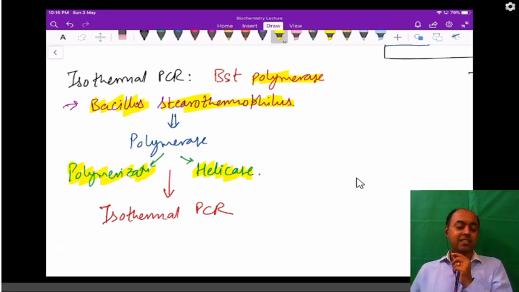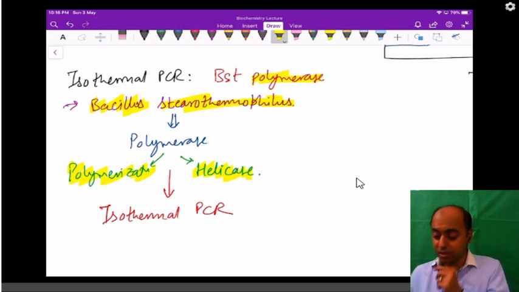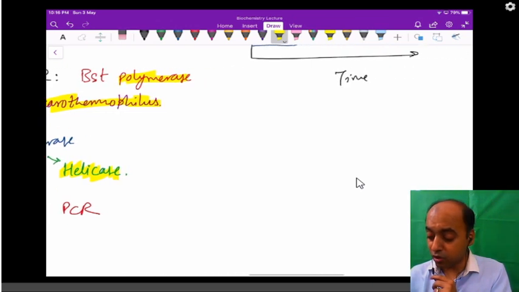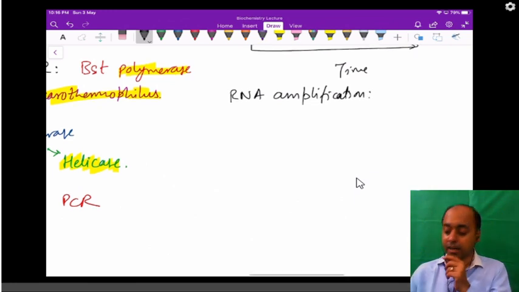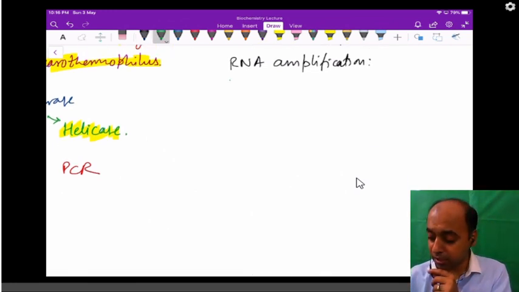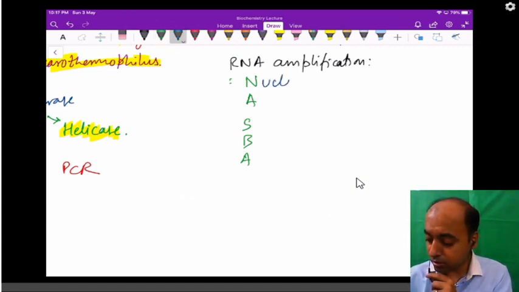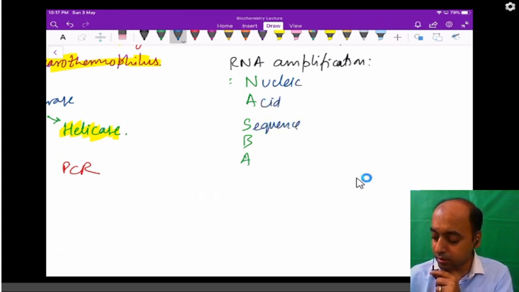All of these are mechanisms for amplification of DNA. What is the mechanism for amplification of RNA? The RNA amplification can be done by the technique called NASBA.